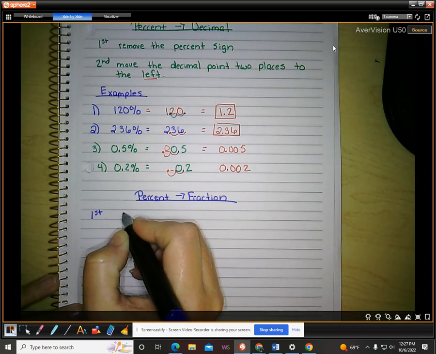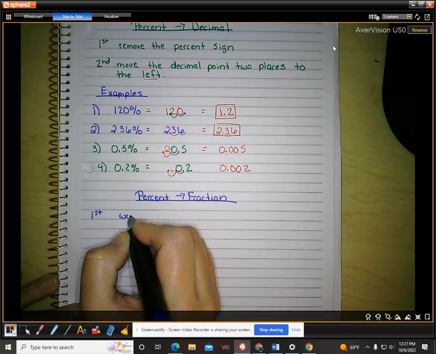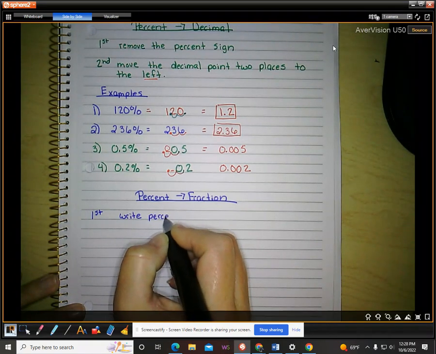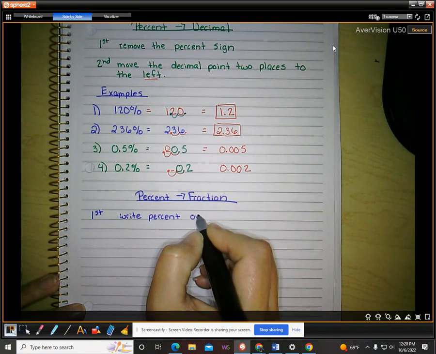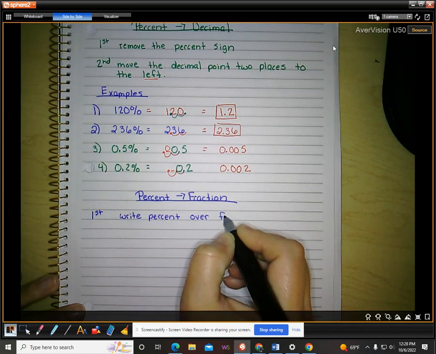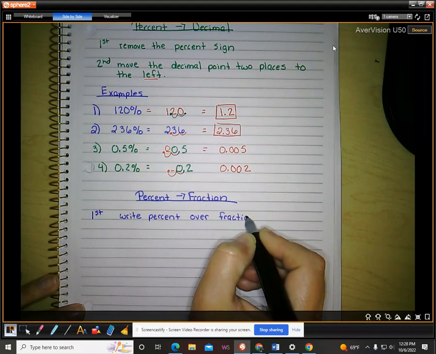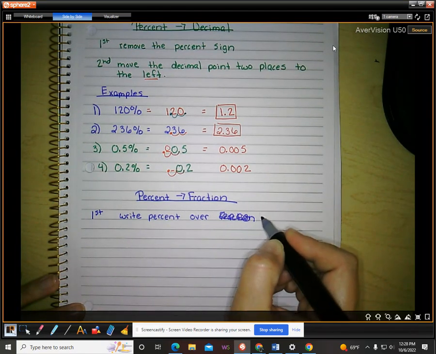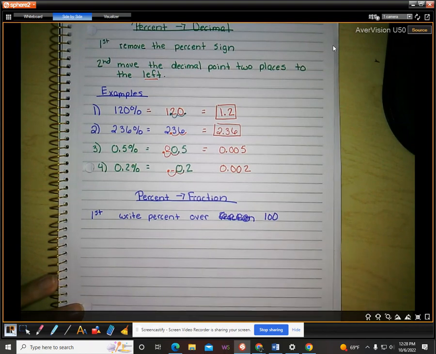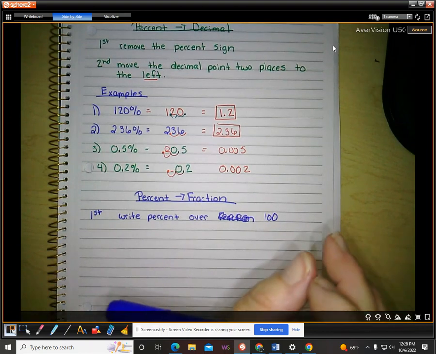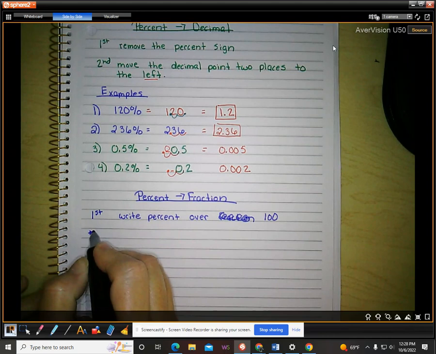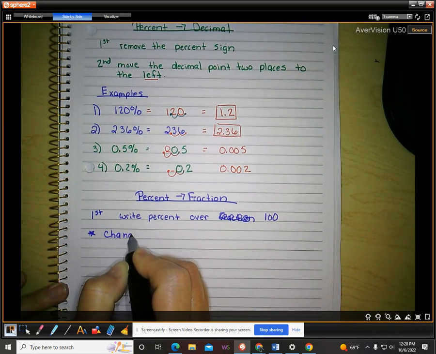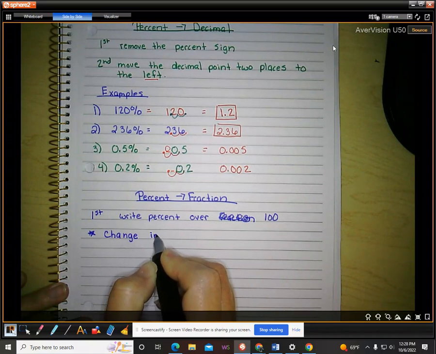So your first step, you are writing the percent over 100. Okay, doesn't mean you need to change your notes if you're looking at the ones from before. Those are just more detailed. Oh, not over fraction. Write percent over 100. Sometimes when I talk, I don't write correctly. Okay, then we had that special note. You have to change improper fractions to mixed numbers.